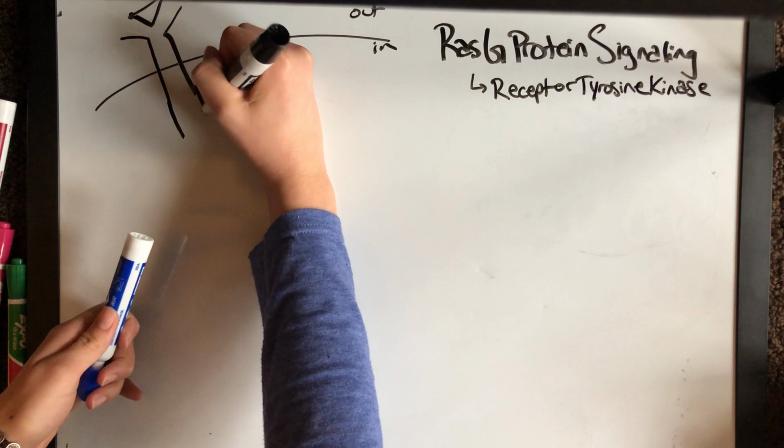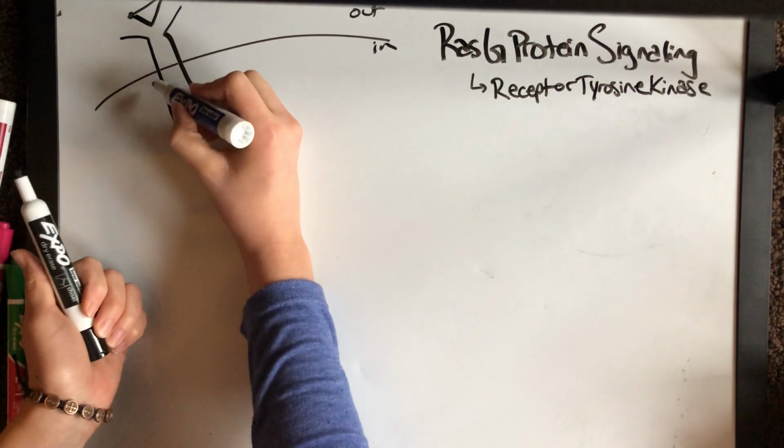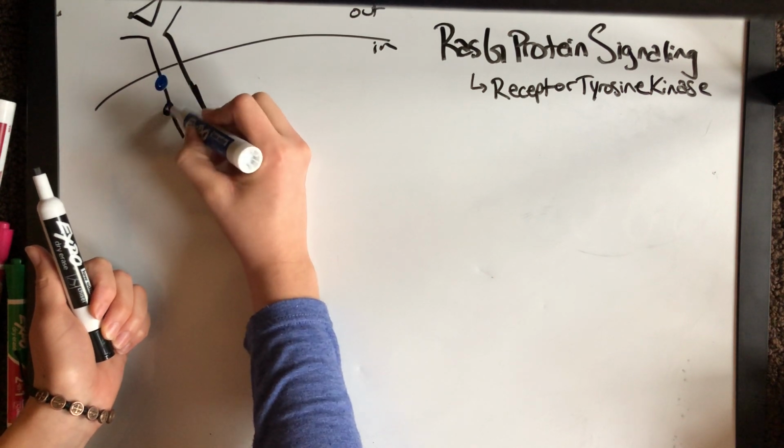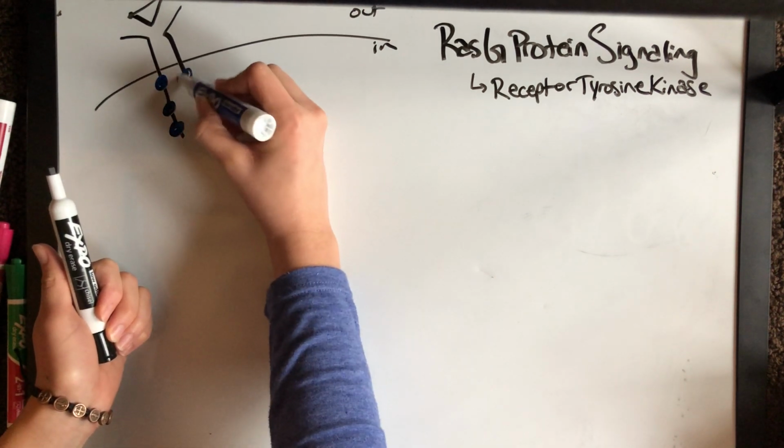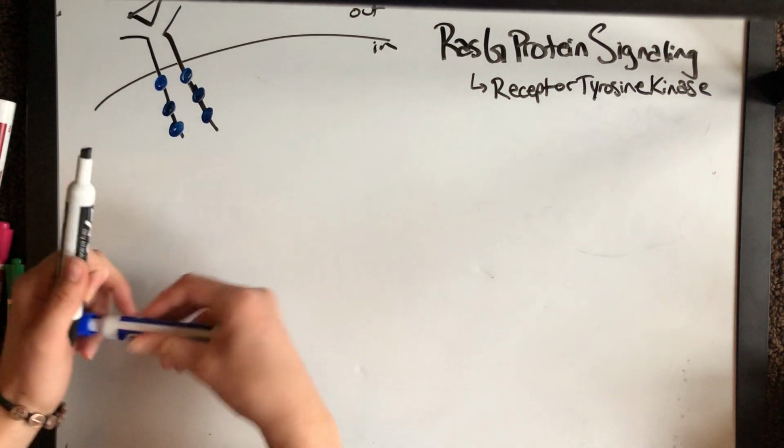On our little receptor here, I'm going to illustrate the tyrosines just with a blue dot, right? So know that this means there's a tyrosine, which is one of the 20 amino acids, so it's just making up part of the structure of that receptor.